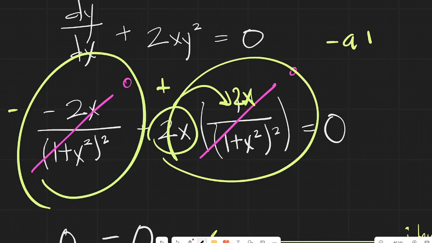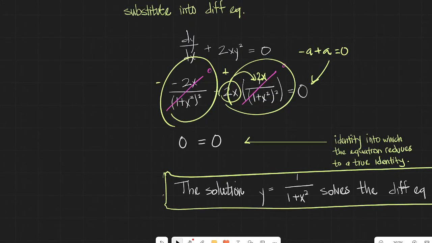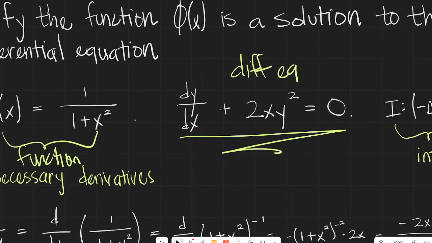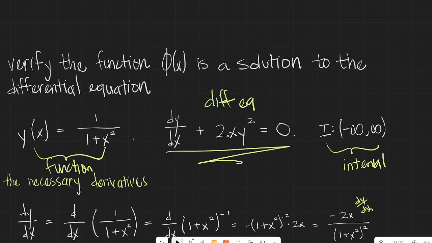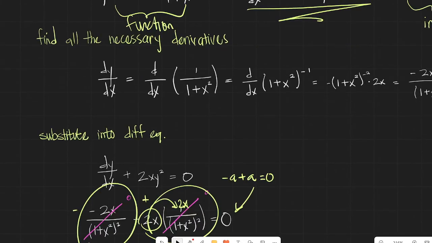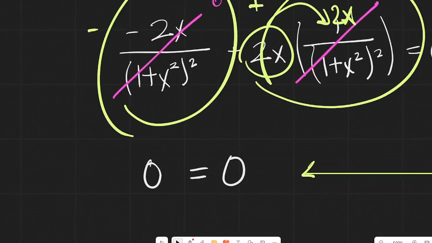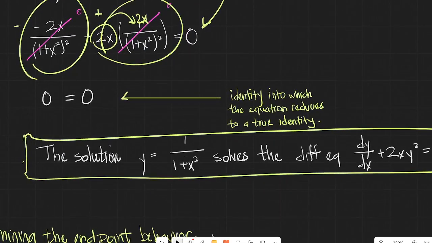Well, negative a plus a equals 0. That's true, according to our differential equation right here, this has to equal 0. And in fact, after we take the derivative and plug it in, the differential equation is satisfied. It results in this identity, 0 equals 0. You might get 1 equals 1 or whatever. As long as the identity that you get is true, then you have solved the differential equation.